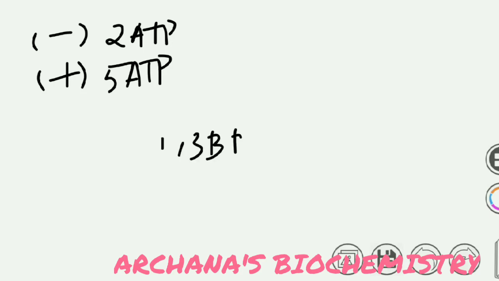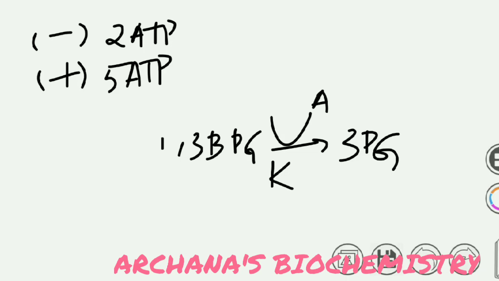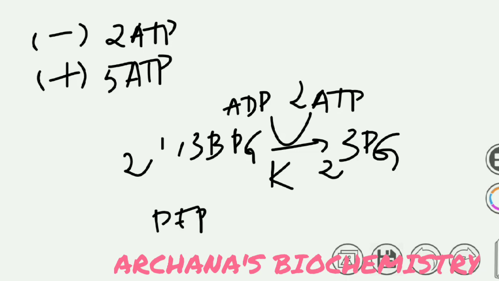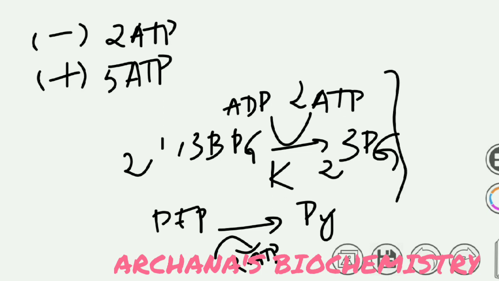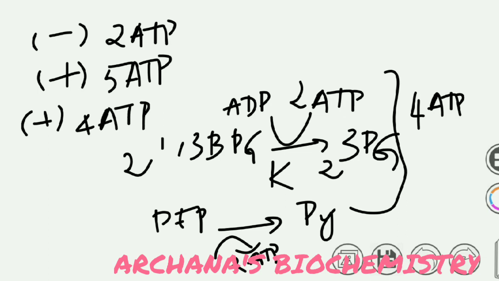The other two steps are 1,3-bisphosphoglycerate to 3-phosphoglycerate. The enzyme is again kinase. Here there is regeneration of ATP. 2 molecules, so 2 ATPs. Again phosphoenol pyruvate to pyruvate. We have regeneration of 2 ATPs. So total 4 ATPs, so plus 4 ATP.